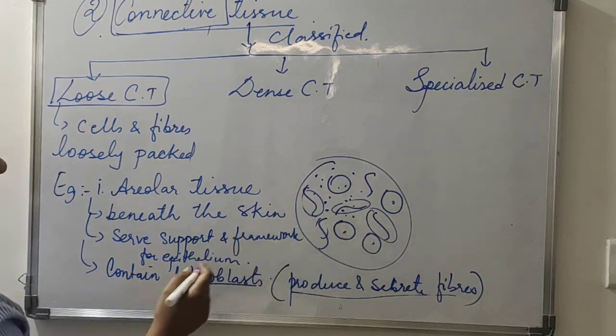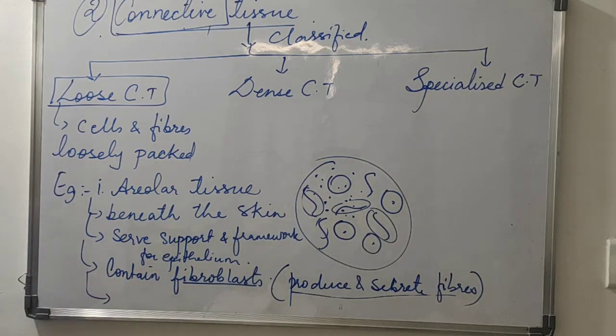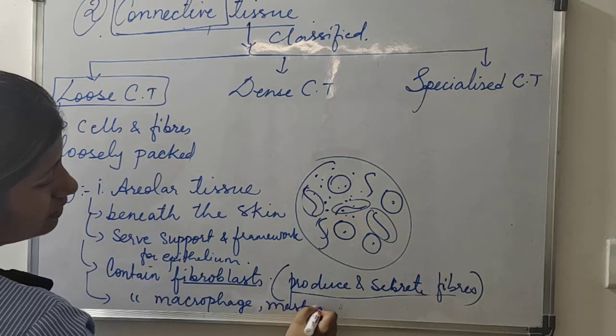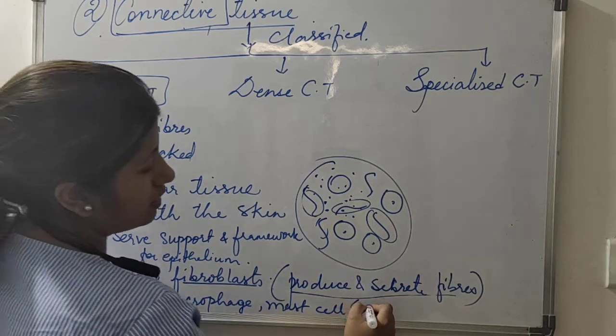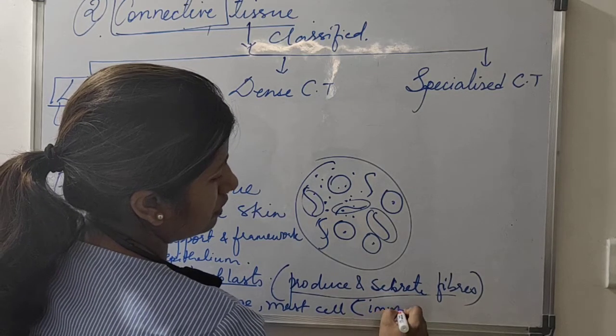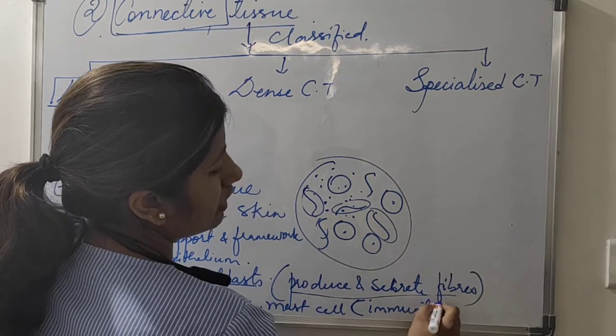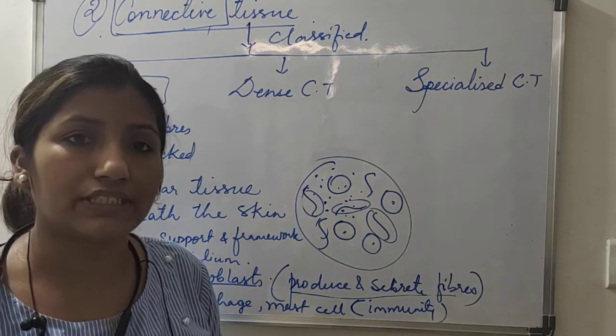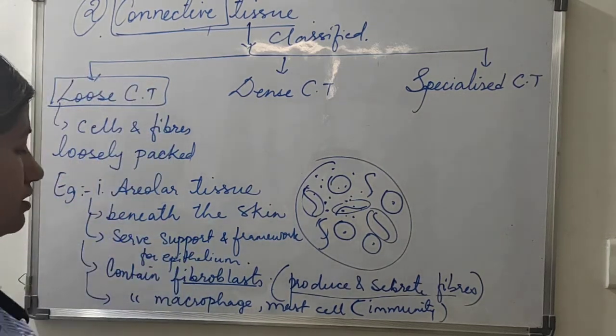They act like a supporting system. It also contains macrophages and mast cells, and they boost our immunity. Macrophages and mast cells are part of WBC, white blood cells.